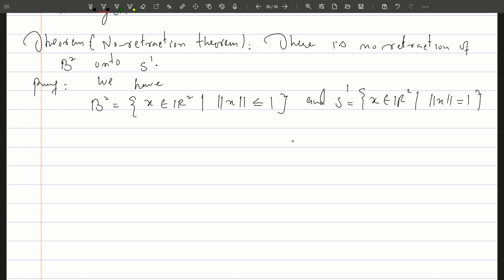So assume on the contrary that S1 is a retract of B2.